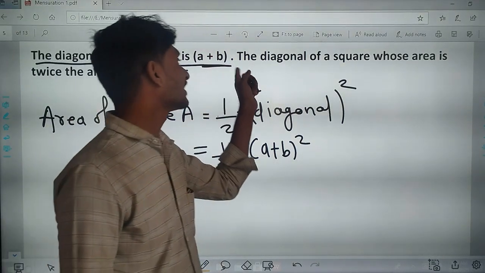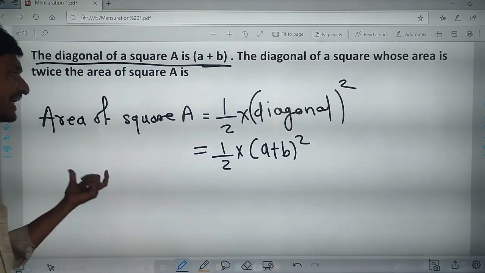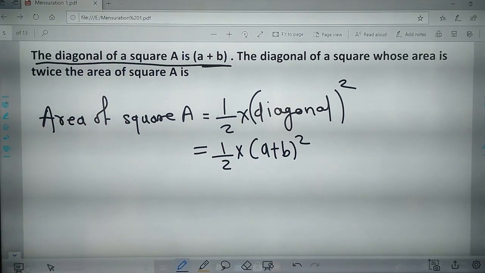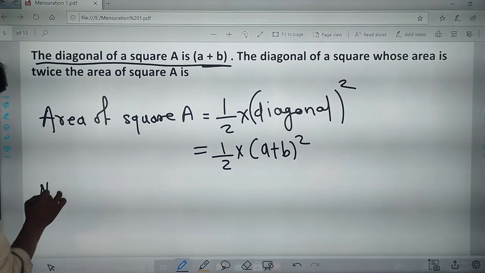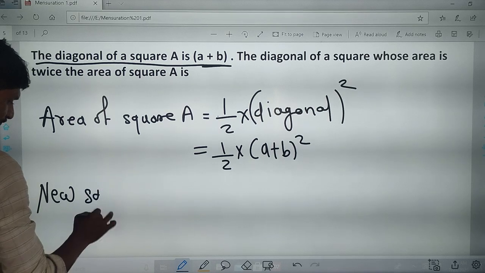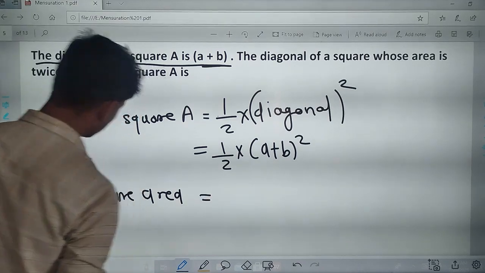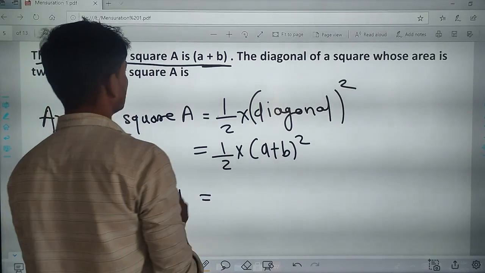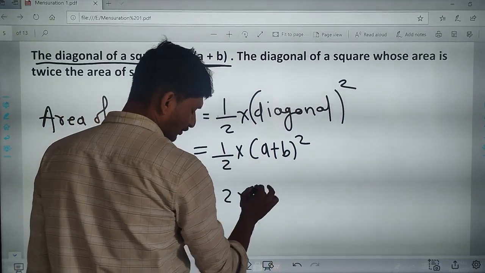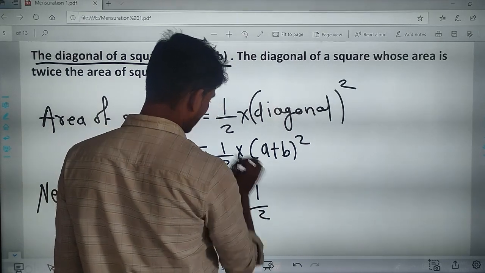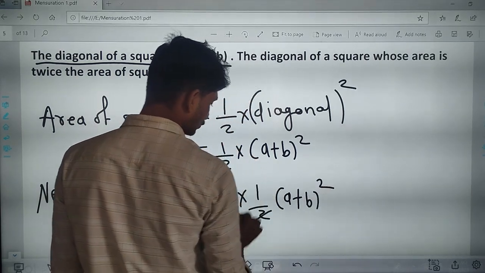Here we find the diagonal of the square whose area is twice the area of square A. Then the new square's area is twice the area of square A, which is twice half into (A plus B) squared. Here the 2 gets cancelled.